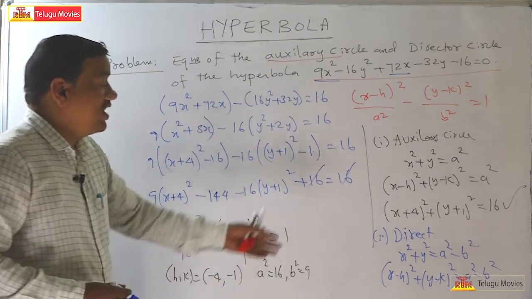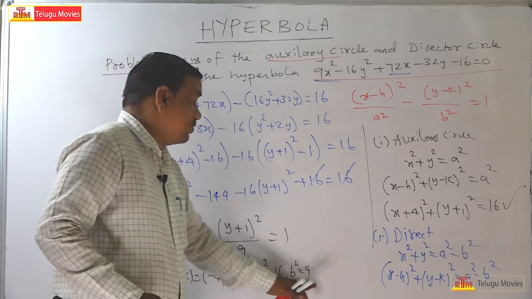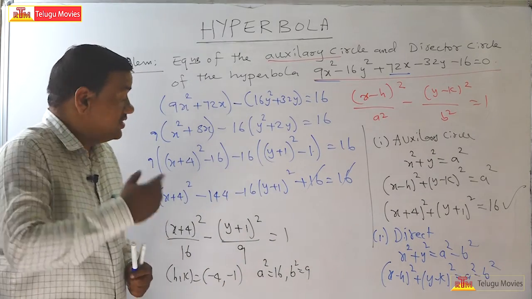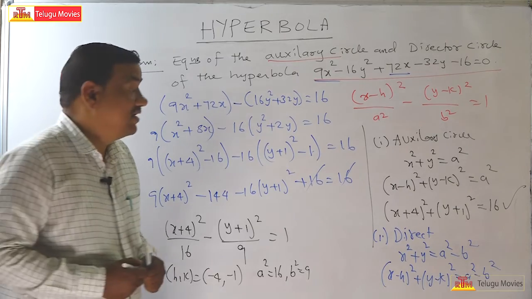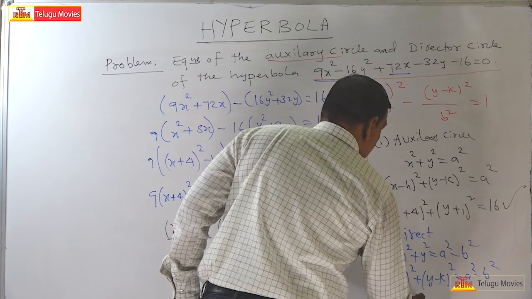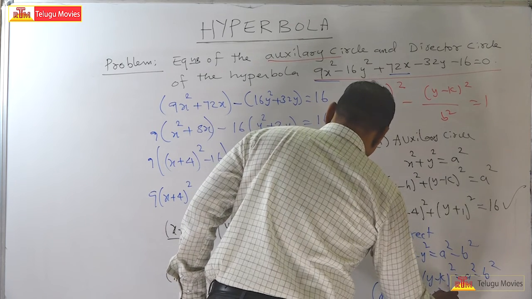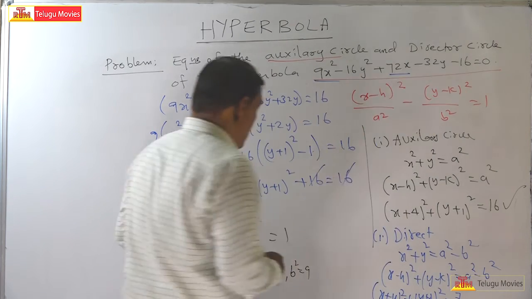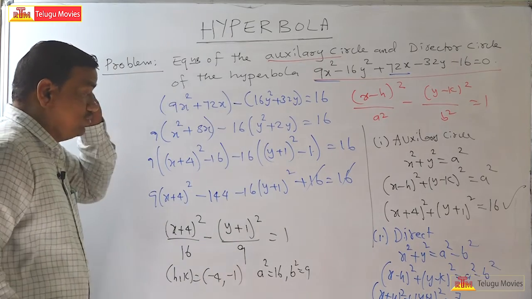Now substitute the h value and k value. a square is 16, b square is 9, 16 minus 9 is 7. So your answer is x plus 4 whole square plus y plus 1 whole square is equal to 7.